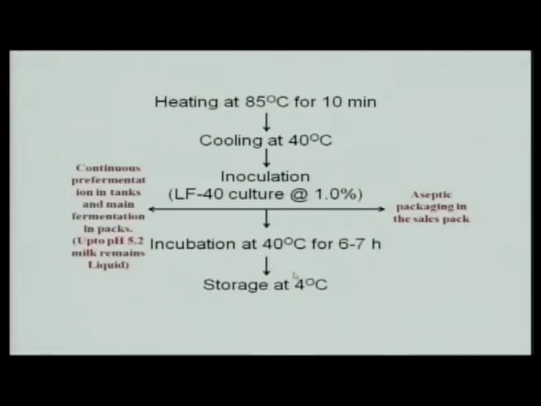Then heating at 85 degrees centigrade for 10 minutes, cool it to 40 degrees centigrade, incubate with LF culture at the rate of 1.5% for 6 to 7 hours, and then cool it and store at 4 degrees centigrade. This is the method for Mishti Dahi.